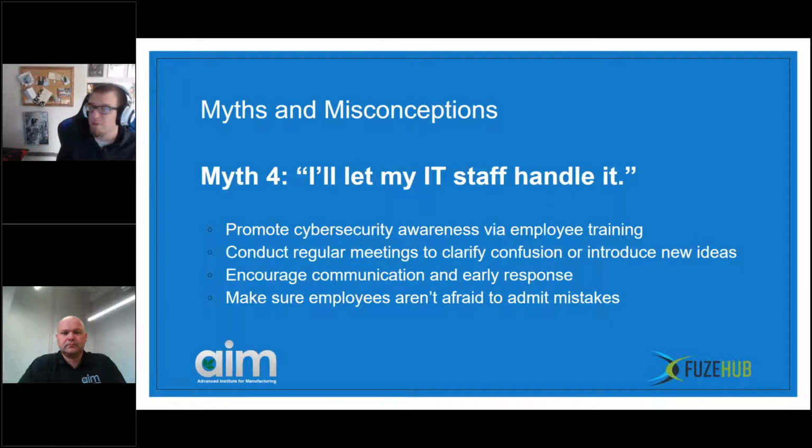And finally, you want to make sure that employees are not afraid to admit their mistakes. Again, fear and miscommunication are the biggest friends of attackers. The more obscure they can be, the more they can operate in the darkness, the better off they are. So you want to make sure that your employees know that, yes, here are the rules, here is what you should do, but in the event that you make a mistake or you do something that you're not supposed to do, here's who you can tell, and you don't have to worry about your job being lost.